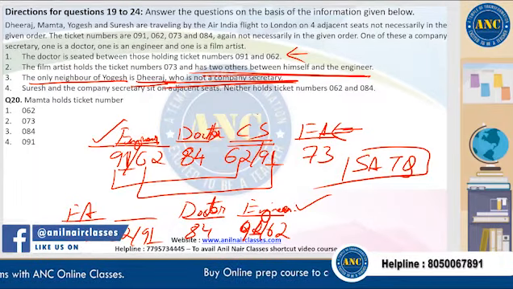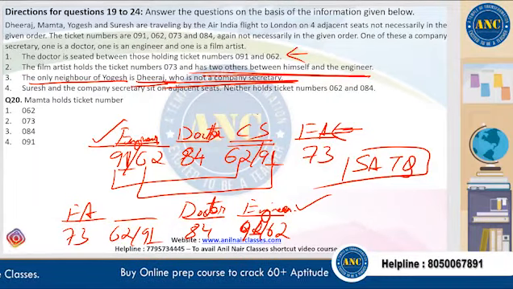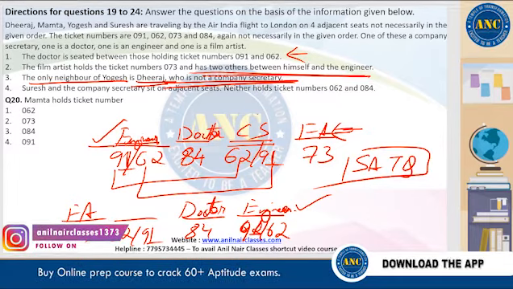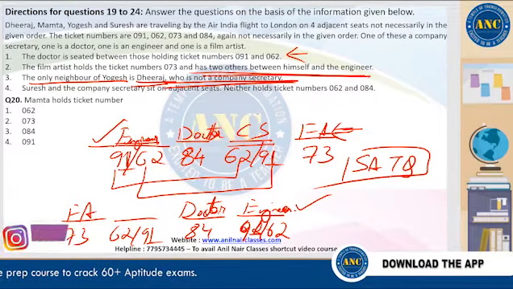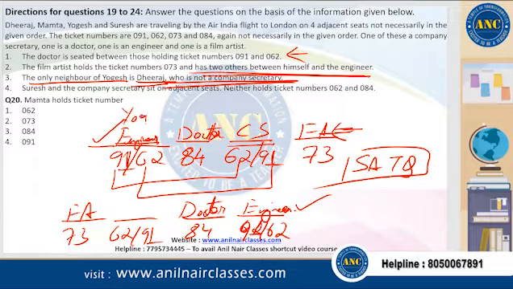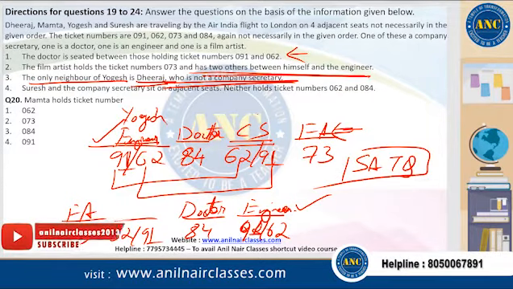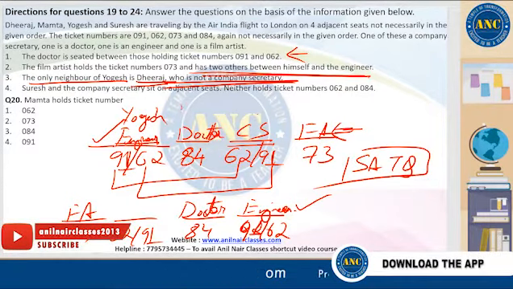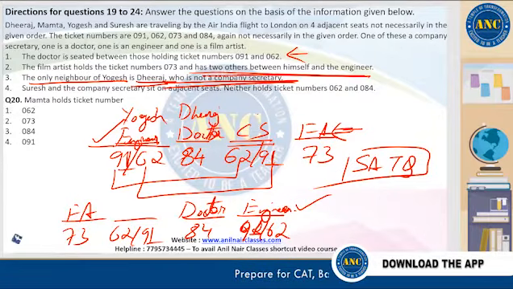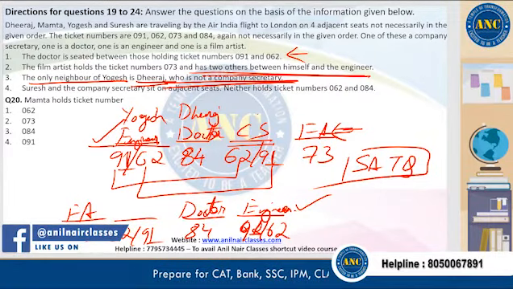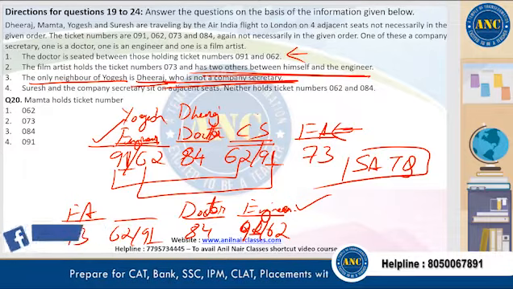That means where should Yogesh come? The only neighbor of Yogesh is Dheeraj, which automatically means Yogesh should become the engineer, right?